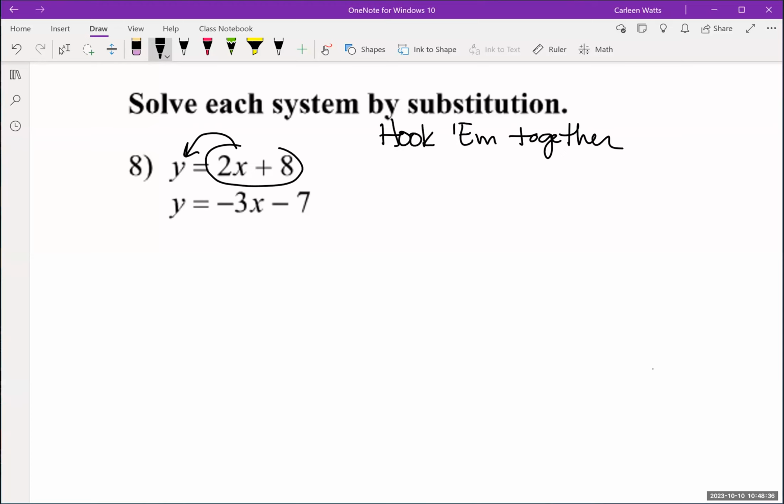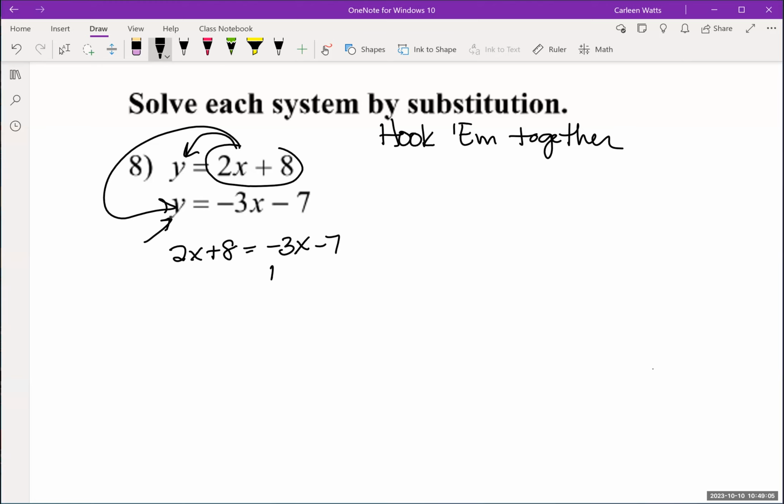I found a y over here. I can take y out and replace it with 2x plus 8. And on the other side, negative 3x minus 7. So you're noticing Canvas quizzes where they say, what is the equation after hooking them together? This is what you put. Or they could look like this.